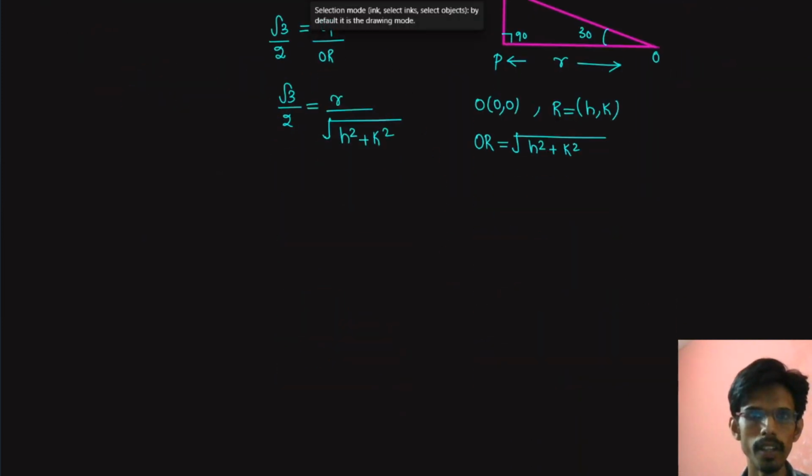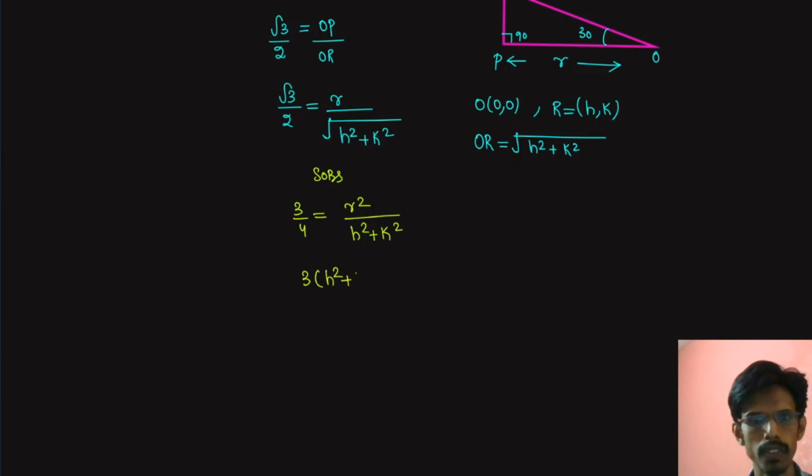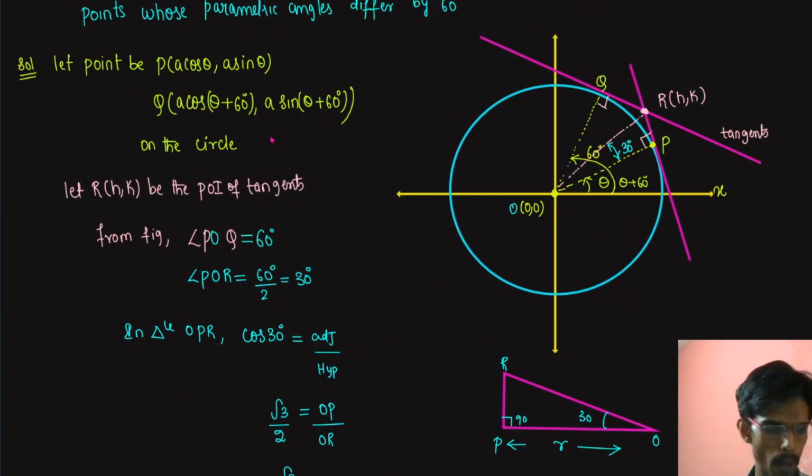Now apply squaring on both sides. This will become 3 by 4 is equal to r square by h square plus k square. If I cross multiply, 3 into h square plus k square is equal to 4r square.